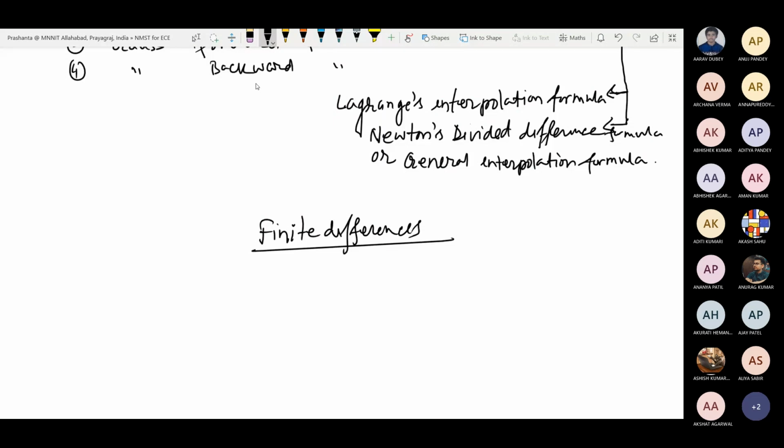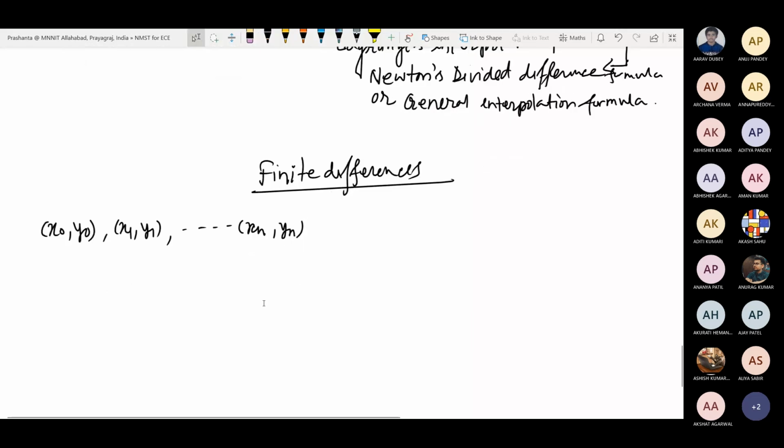So let me again write down the data points: x0, y0, x1, y1 up to xn, yn. These are the n+1 data points. Remember, we are creating the base, so do not immediately think that things are becoming complicated.